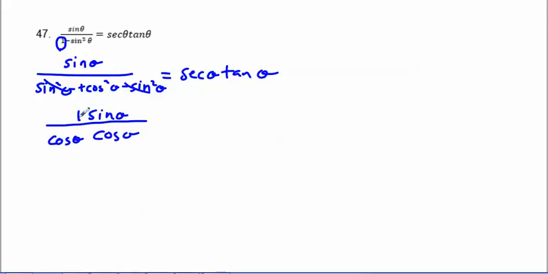That would help me. So I can see that the 1 over cosine, that becomes the secant. The sine over cosine, that becomes the tangent. So let's write down the right side, secant theta, tan theta, and then this is going to give me 1 over cosine is the secant theta, and sine over cosine is the tan theta.